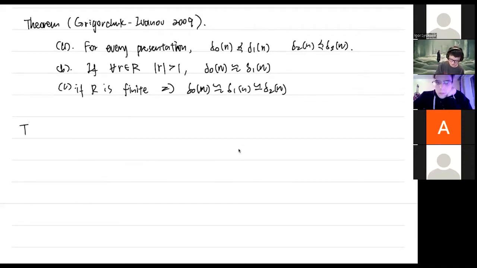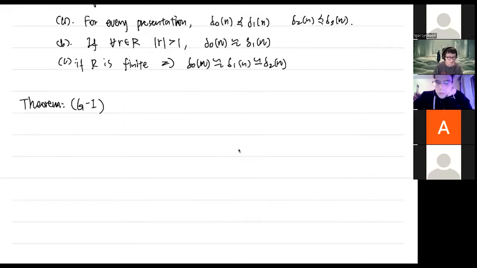Now, since this notion depends on the presentation you choose, it does not behave very well under geometric invariance, but it preserves the computability, the solvability part of this Dehn function. In this case, this theorem is also given by Gorbunov and Ivanov.